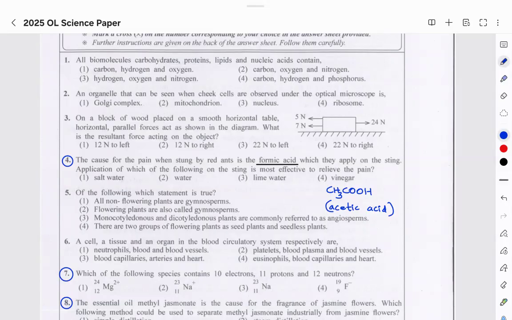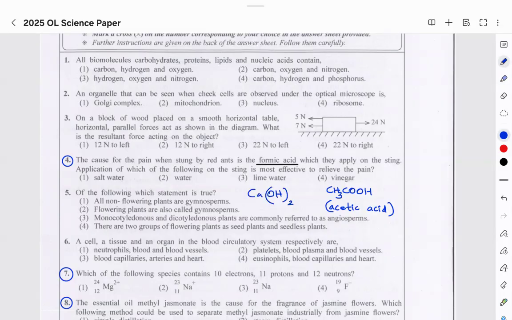Then it should be a base, right? That means it should be someone's hydroxide. So who is that someone? Yes, correct. Calcium hydroxide. Remember, lime water means nothing else but calcium hydroxide.